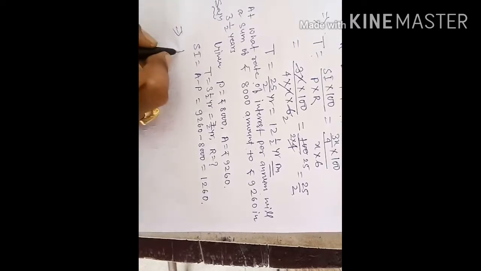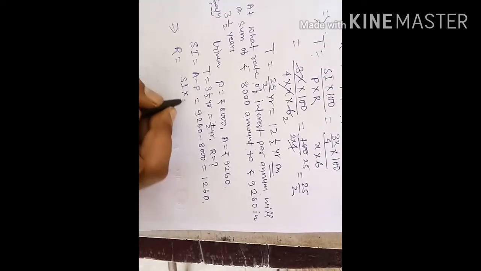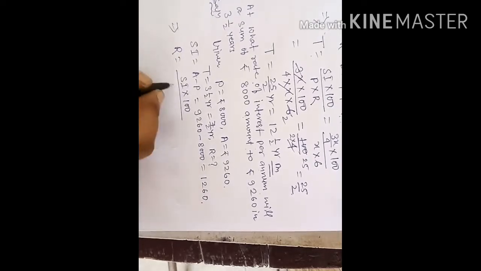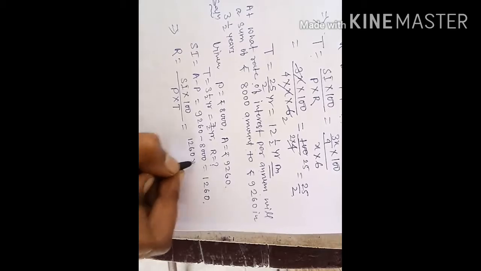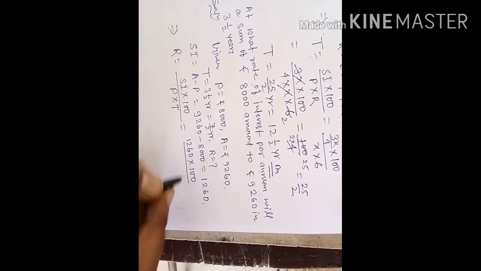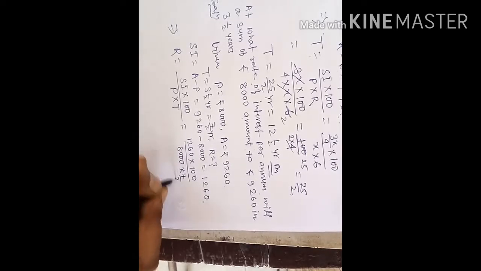Now to find rate of interest, we apply the formula R is equal to SI into 100 by P into T. Here SI is 1260 into 100 by principal is rupees 8000 and time is 7 by 2 years.